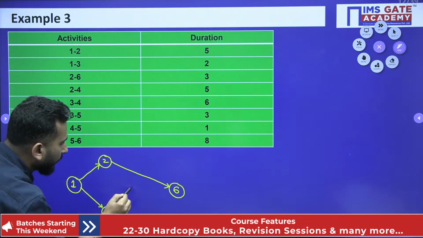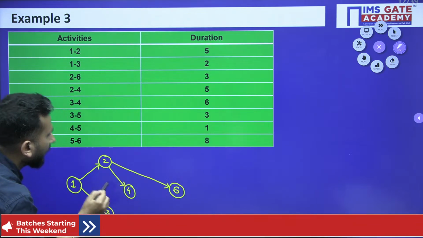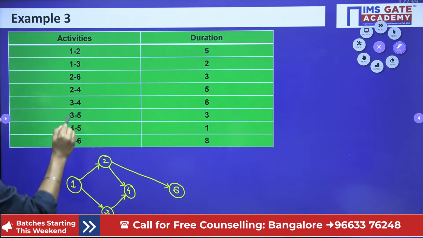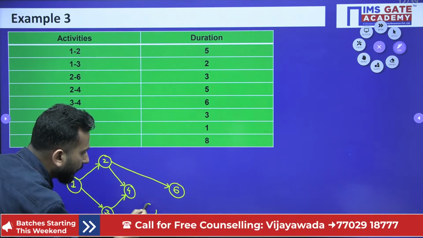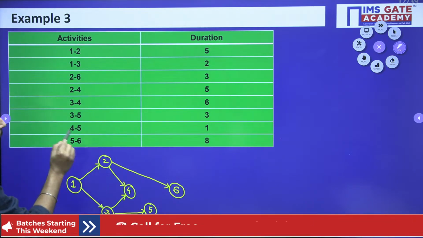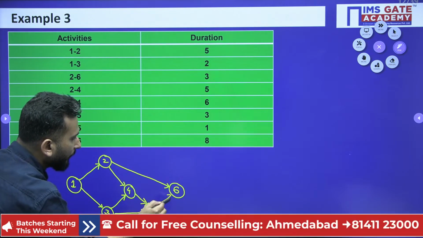So 4 is also somewhere around here. So 2 to 4 I have drawn. 3 to 4, so 3 to 4 I have drawn. 3 to 5, somewhere there is 5 around here, so 3 to 5 I have drawn. 4 to 5, I have drawn 4 to 5, and 5 to 6, I have eventually joined 5 to 6.